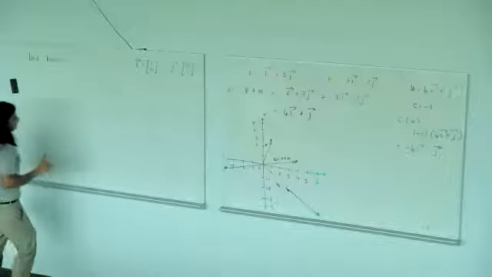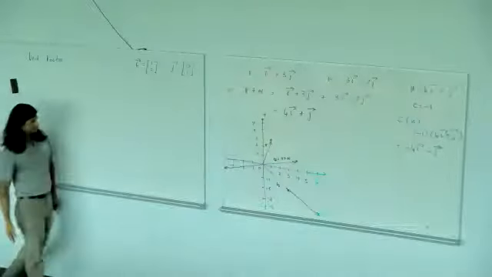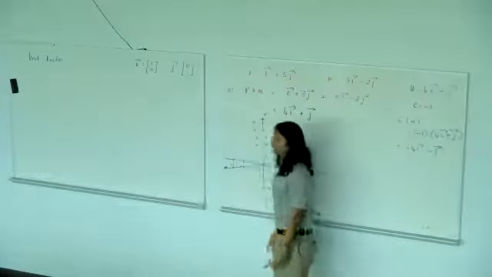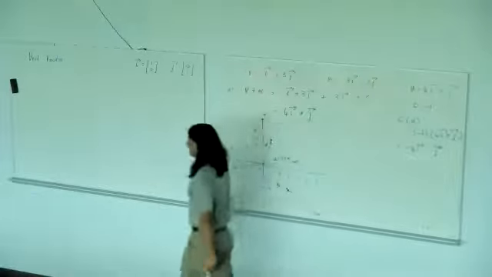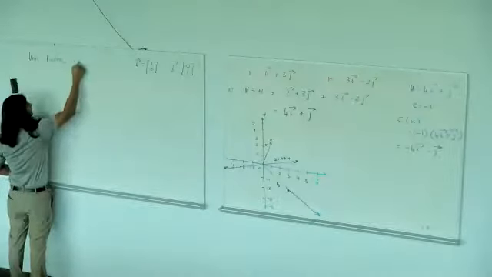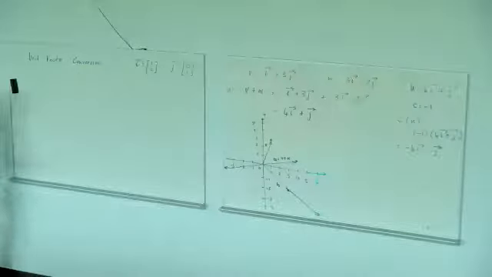So a unit vector is a vector that has magnitude 1. The basic unit vectors will always have a magnitude of 1. But those aren't the only unit vectors. You could take any vector and convert it to a unit vector.